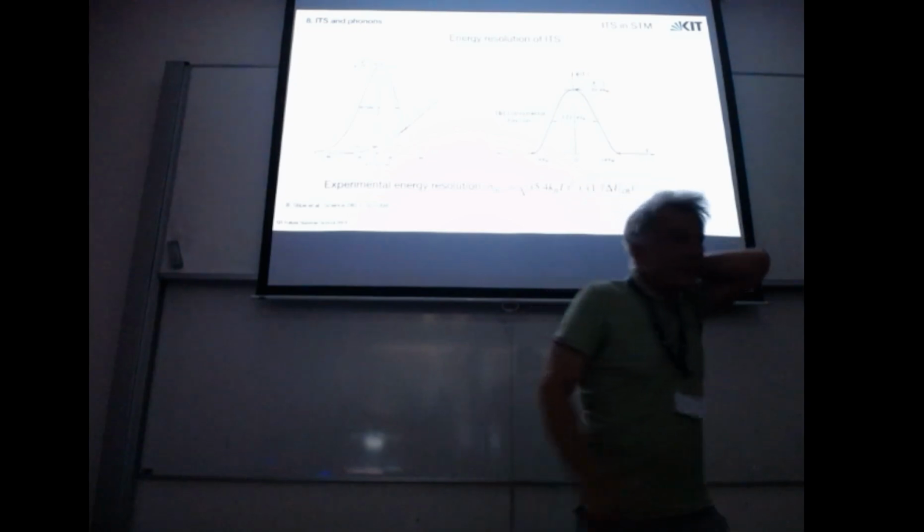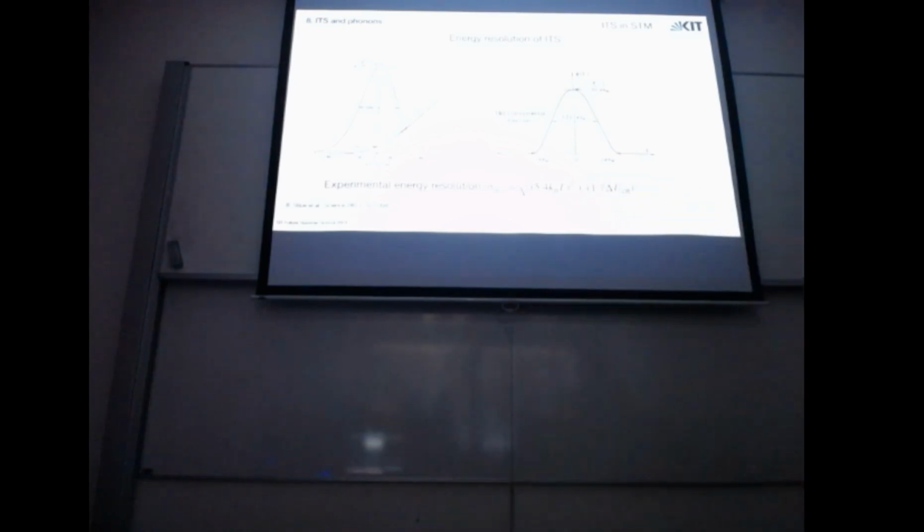This spectroscopy also has a resolution. And now this is the second derivative of the differential conductance. Several Fermi functions enter. And if you compute the spectral spreading due to temperature, it's 5.4 kBT now.